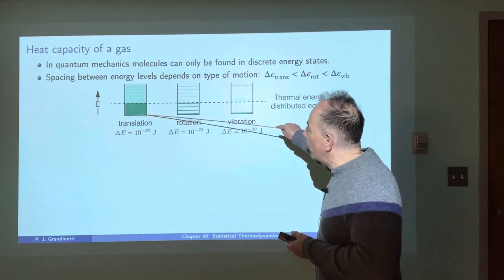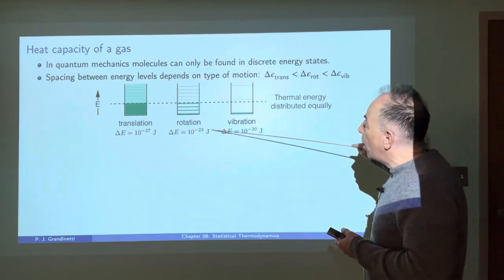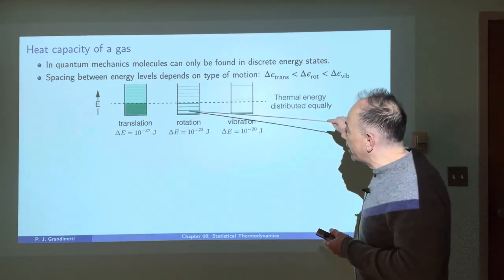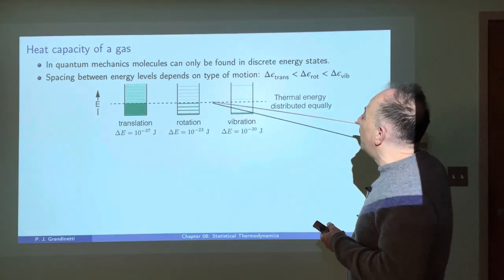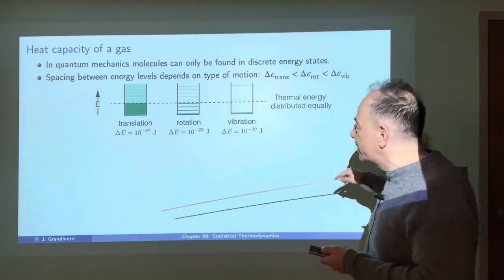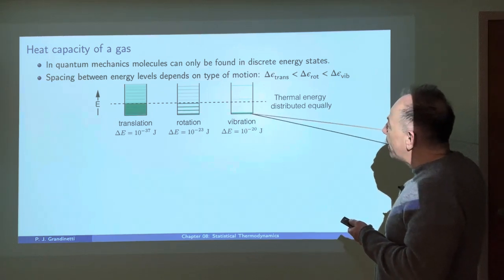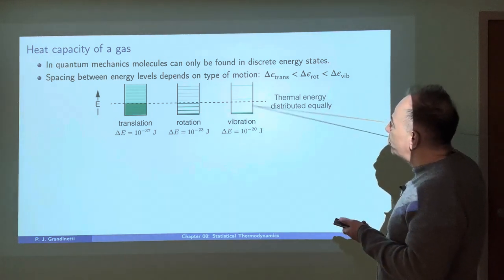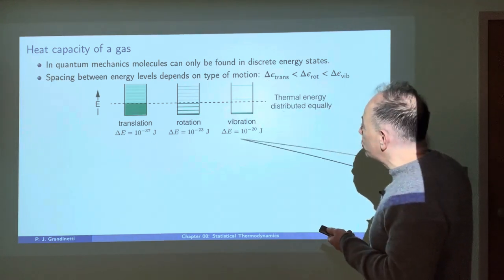So translational motion has very small energy spacings in quantum mechanics. Rotational are much wider, a much bigger gap than translation, but there's still a significant amount above kBT, below kBT, that it appears to be somewhat continuous, whereas vibration is such a large gap that even at room temperature, you don't have enough energy to excite into these higher levels, and so you lose this contribution.